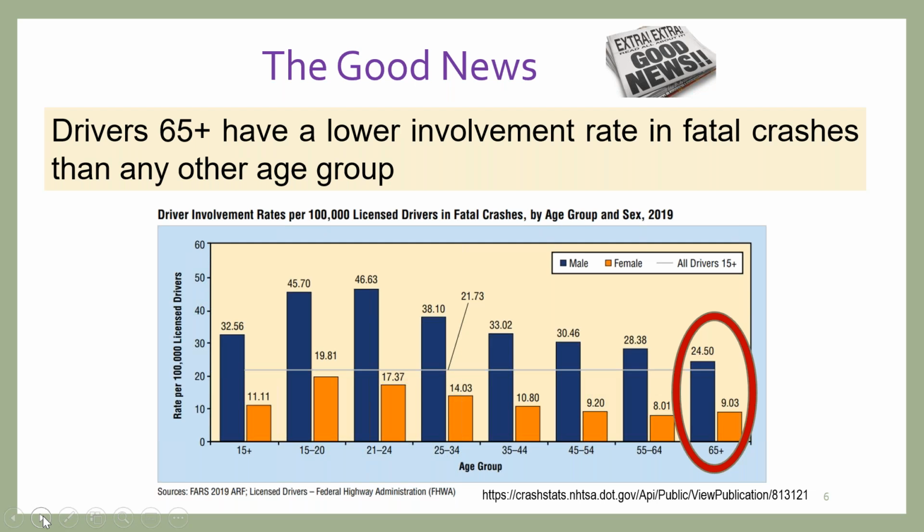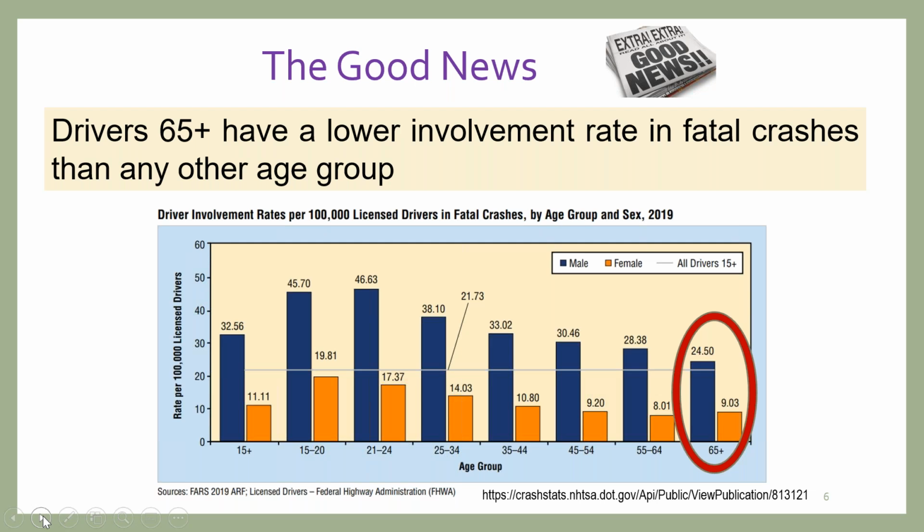Now there is some good news, especially in relation to older driver safety. And that is that typically, so again, I hate to overgeneralize, but generally, older drivers tend to be safer drivers. And what that means is they are less likely to be aggressive. They are less likely to speed. Again, these are generalizations.